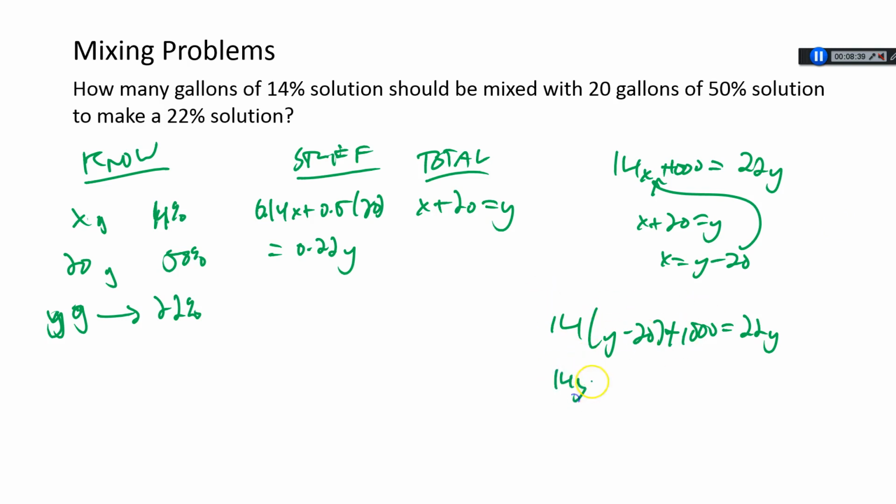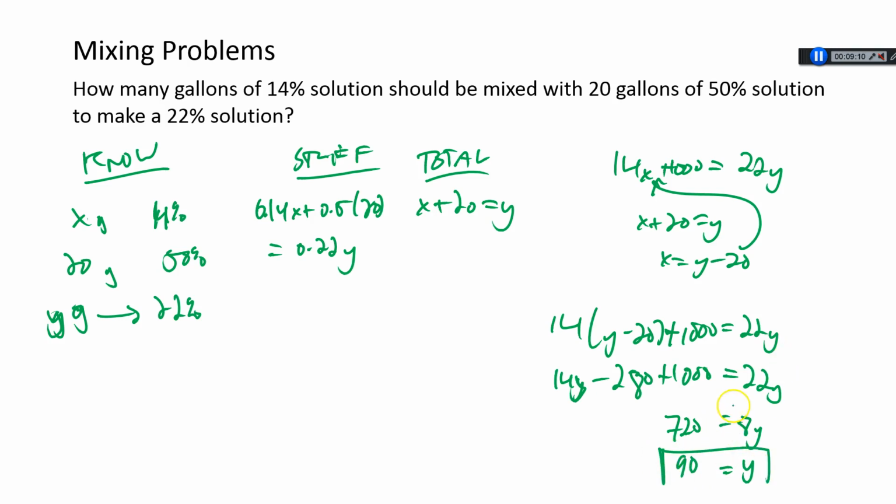So we have 14y minus 14 times 20, which is 280, plus 1,000 equal to 22y. Now let's subtract 14y from both sides. That gives us 8y. And on the left, we have 1,000 minus 280. That's 720. That works nicely. Divide by 8, y is 90.